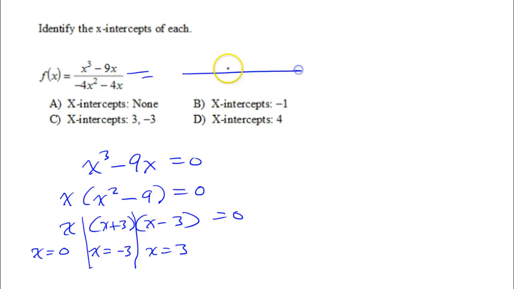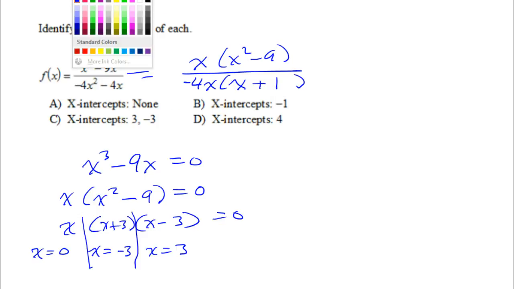So if we pull out the GCF like we did in the numerator, then we had x, and then we had x squared minus 9. If we do the same thing in the denominator, then if we pull out the GCF, then we have minus 4x is the common factor. And so what's going to happen is then I'll be left with x plus 1.